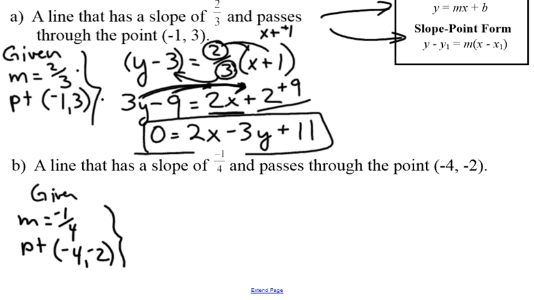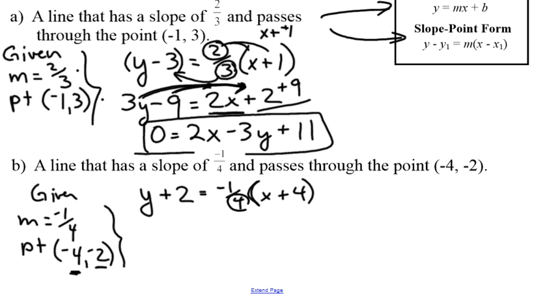So given a slope and a point, we can create slope-point form. y minus y1, which is a negative 2, subtract the negative is positive 2, equals the slope, negative 1/4, times x minus x1, but it's x minus negative 4, which just becomes x plus 4. And now we need general form.